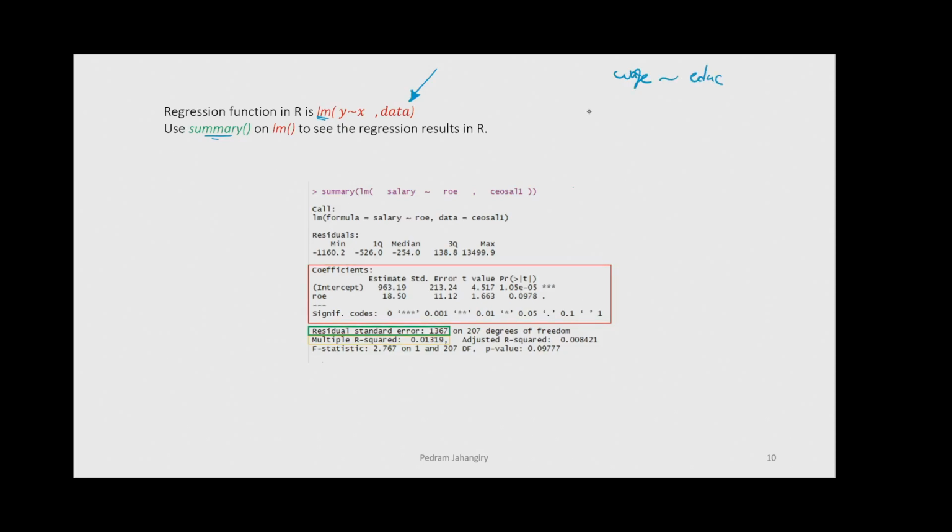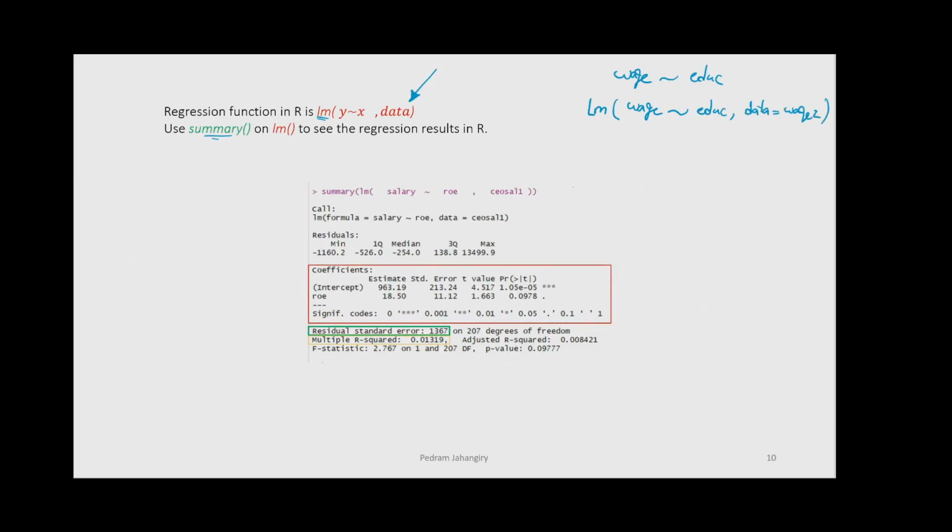I say, hey R, I'm using a linear model, lm. Please take wage as y for me, use a tilde, and regress it on education. And R says, okay, so far so good, but what is the data? So comma, give me the data set. In Wooldridge, we know that the data is equal to wage2. This is the name of the data set.